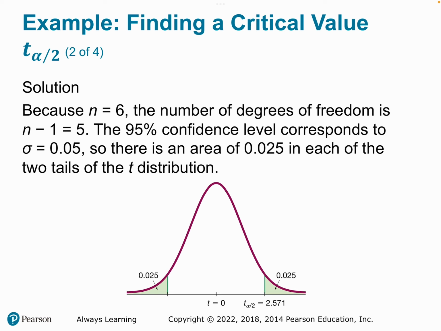In fact, it'll be the very same column, just with two different labels above it. You'll see that the critical value for this situation is equal to 2.571. Again, that is the number that is in the body of the table where 5 degrees of freedom, the row, intersects with a column for the correct area in one or two tails.